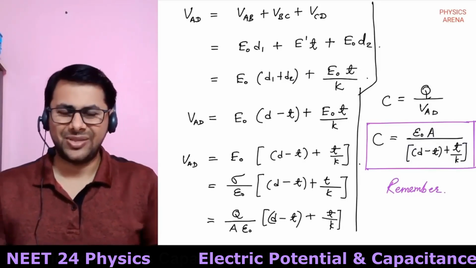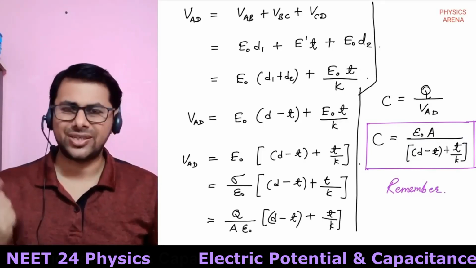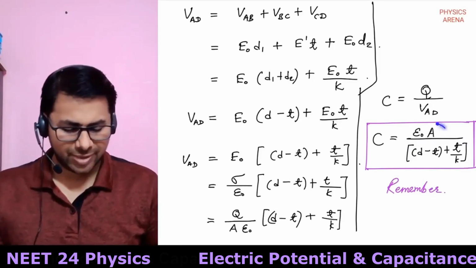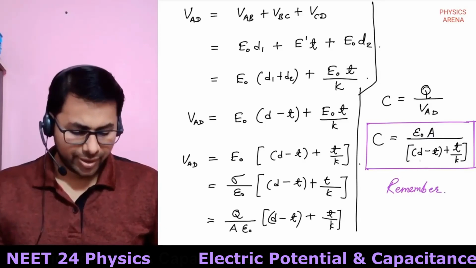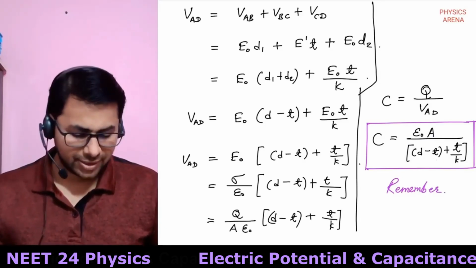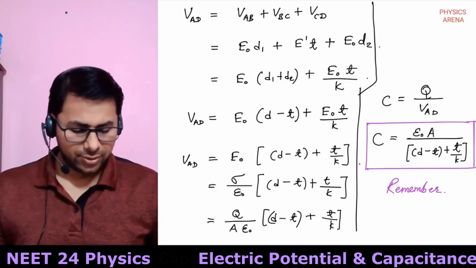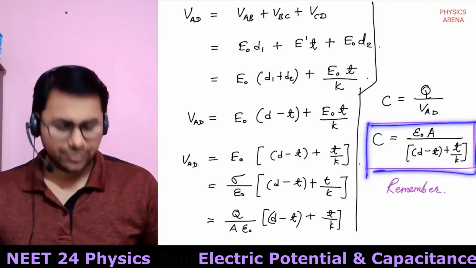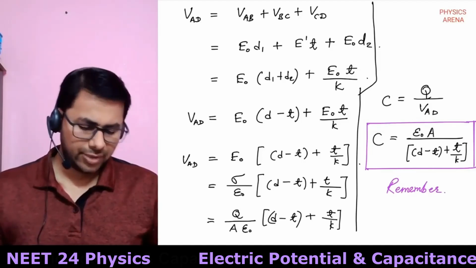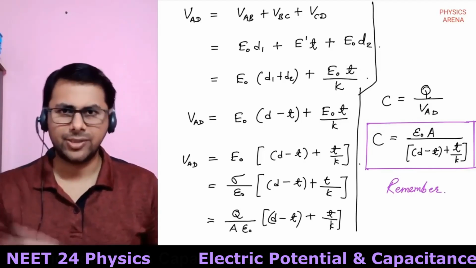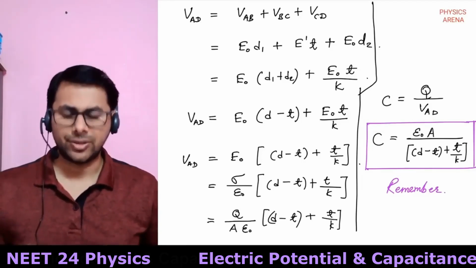If there was air earlier and now you insert a dielectric slab, the capacitance becomes epsilon naught A divided by (d minus T plus T by K). So you can remember this relation. Even if you don't remember, it won't matter much. There is another way in which we can solve it.